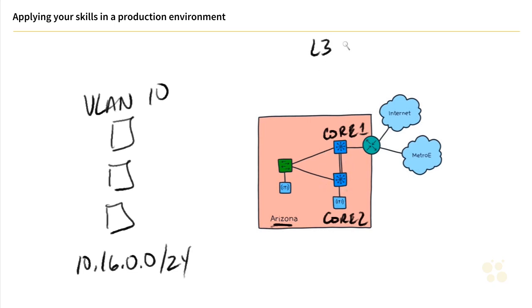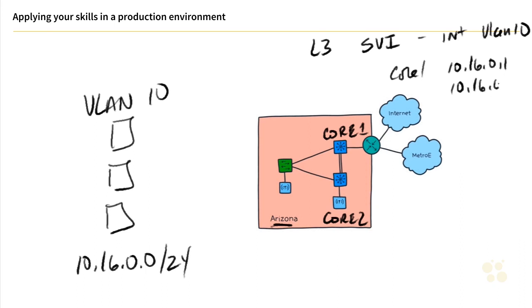They have layer 3 switched virtual interfaces inside of VLAN 10. So they both have an interface VLAN 10, and their IP addresses, respectively, for their VLAN 10 interface is 10.16.0.1 for Core 1 and 10.16.0.2 for Core 2, both with a 24-bit mask.